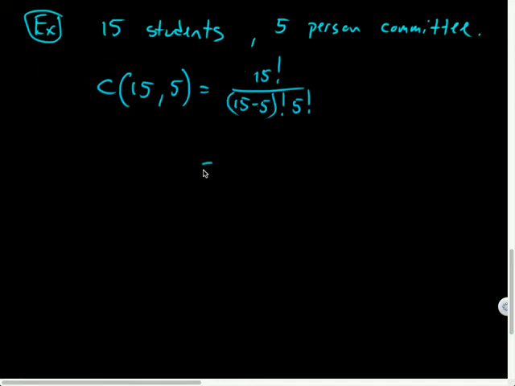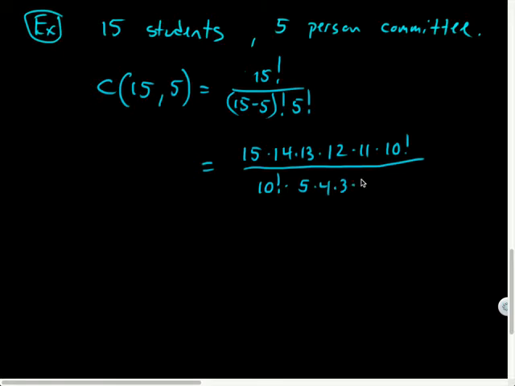So that's 15 times 14 times 13 times 12 times 11 times 10 factorial over 10 factorial, and 5 factorial, which I'm going to write out this time: 5 times 4 times 3 times 2 times 1.